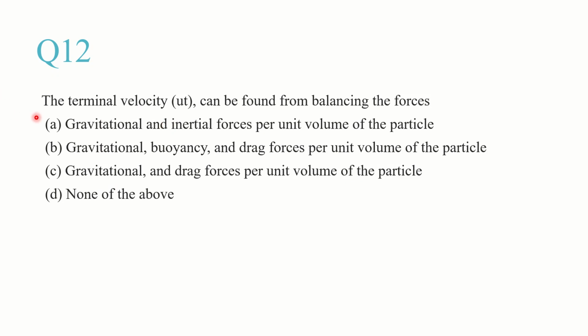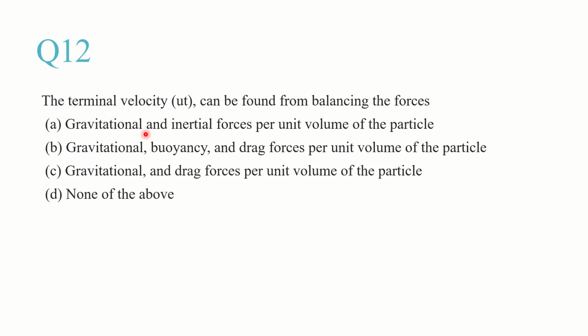So what are all the forces in general that would be acting on the particle? That is the gravitational pull acting downwards on the particle, and the buoyancy force and the drag force acting against the particle. So we need to balance all the forces in order to determine the terminal velocity. So the answer is option B, that is we need to balance the gravitational force, buoyancy force, and the drag force per unit volume of the particle.